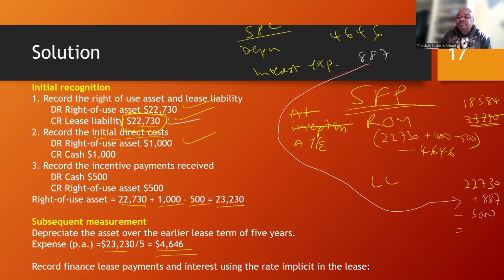We come to 18,617 as the lease liability at the end of year one.